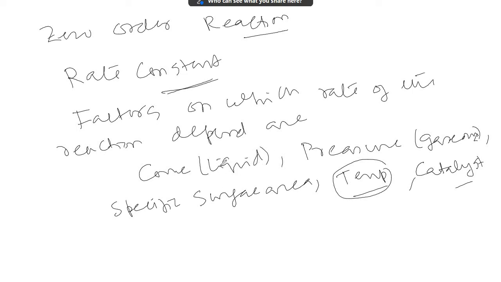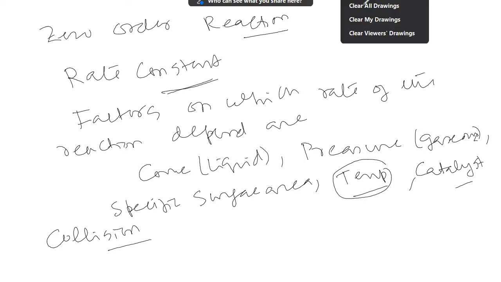Now a reactant doesn't give you the product directly. According to collision theory, what happens? Reactant molecules collide with one another, and the molecules having energy equal to or greater than the threshold energy are capable of forming product.